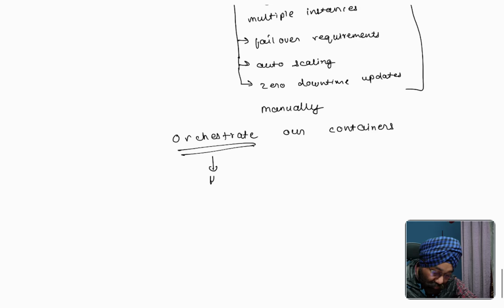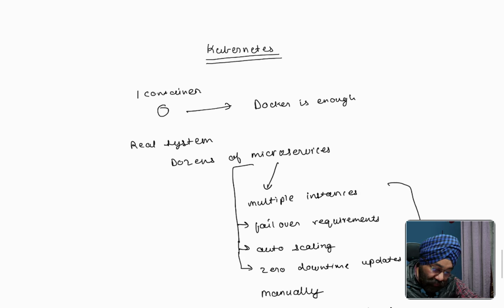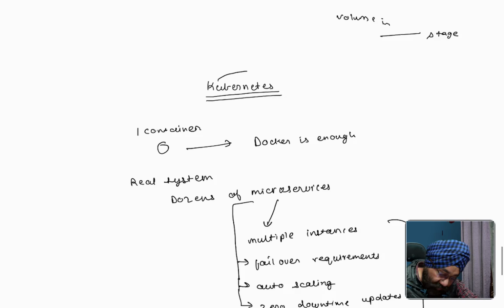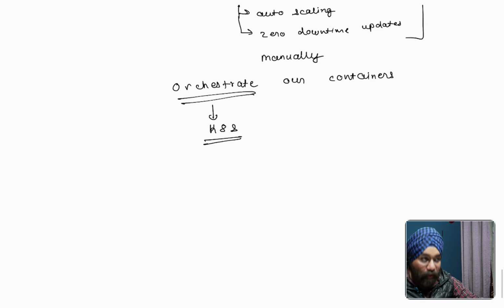It is also called K8s. Why? Because in Kubernetes, between K and S, there are 8 letters. So this is a new way of writing shortcuts.